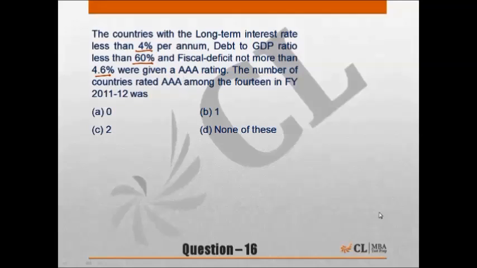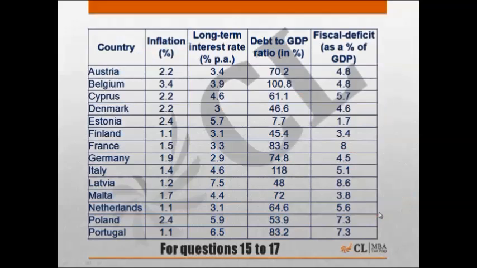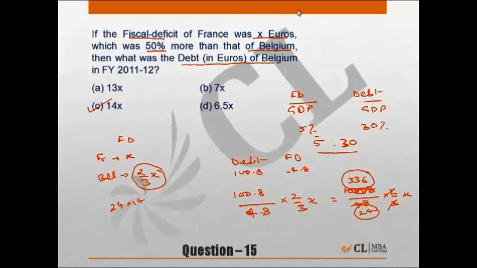So let's go back to the table and see which ones are able to meet all the requirements. We're looking at long-term interest less than 4%. We want fiscal deficit to be not more than 4.6, so less than or equal to 4.6%. And debt to GDP I think was less than 60%. Yes, less than 60%.